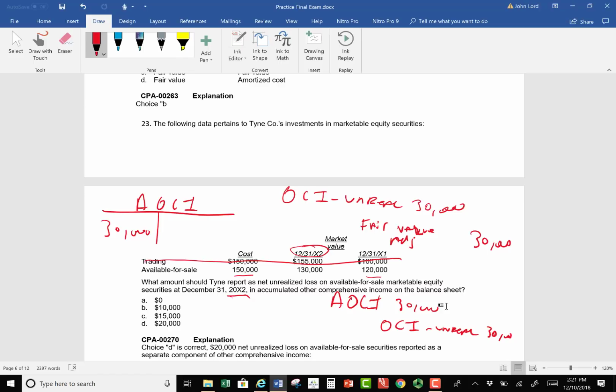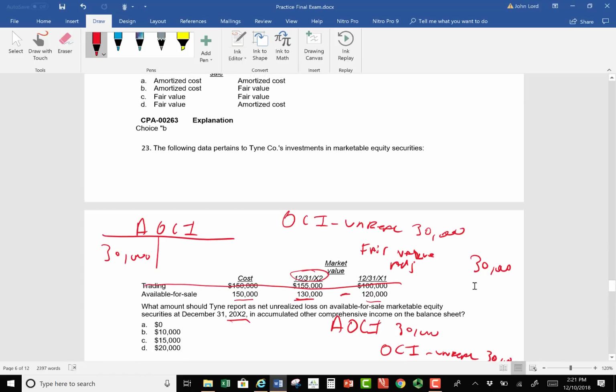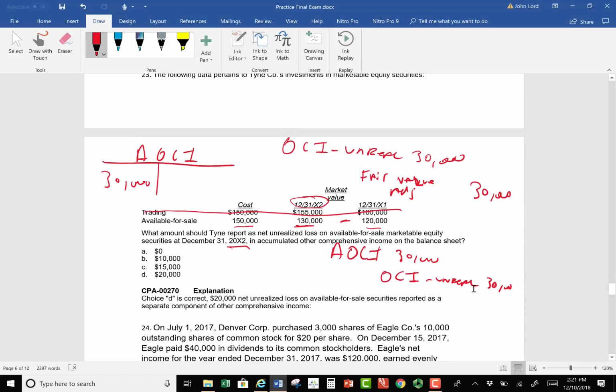Then what happens? Then I look at year 2 versus what it was in year 1, and I've recovered 10,000, haven't I? So in that year 2, I will debit the fair value adjustment for 10,000, and I will credit OCI unrealized. This is year 2 now, isn't it?